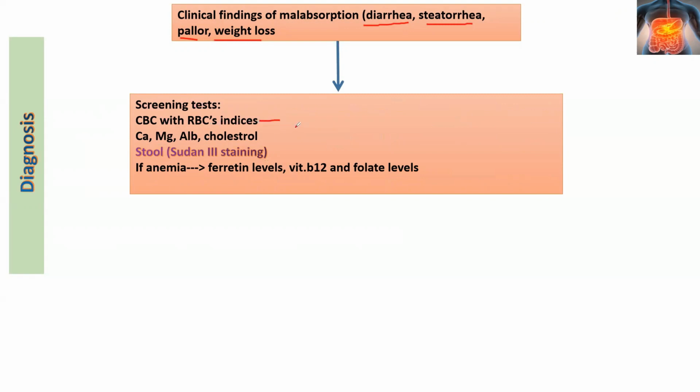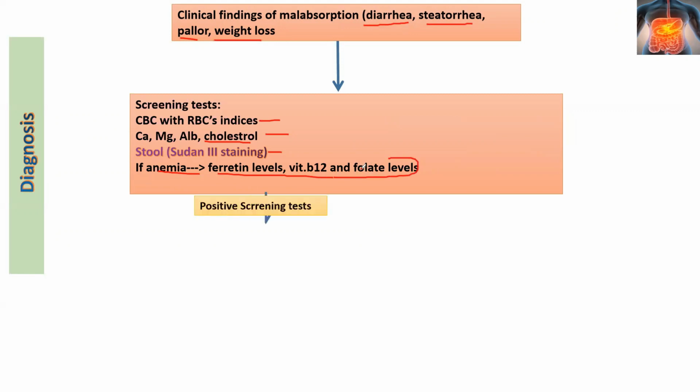If the patient has microcytic or macrocytic anemia, we go for calcium, magnesium, albumin, and cholesterol, and the criterion for that is Sudan 3 staining to collect the 72-hour stool. And if the patient is anemic, we further check ferritin levels, vitamin B12, and folate levels.